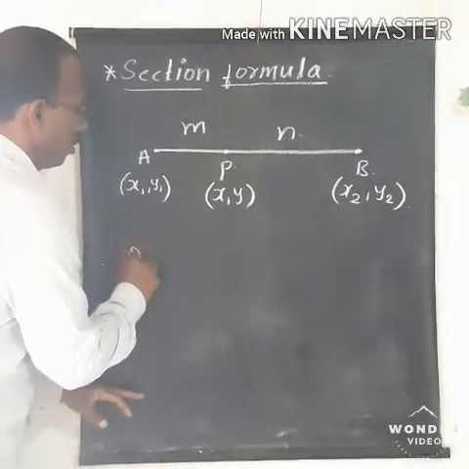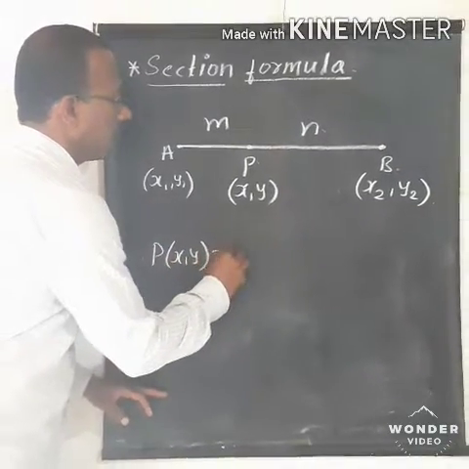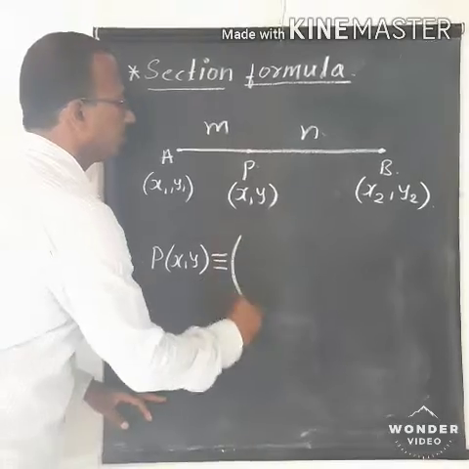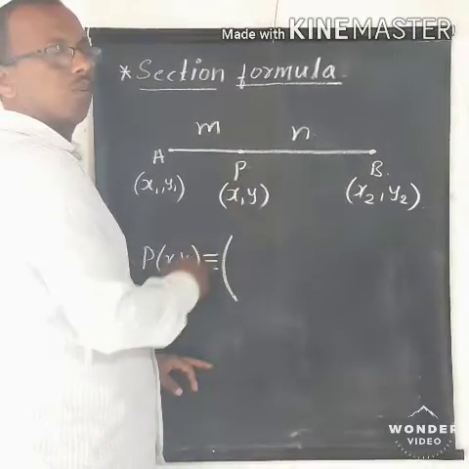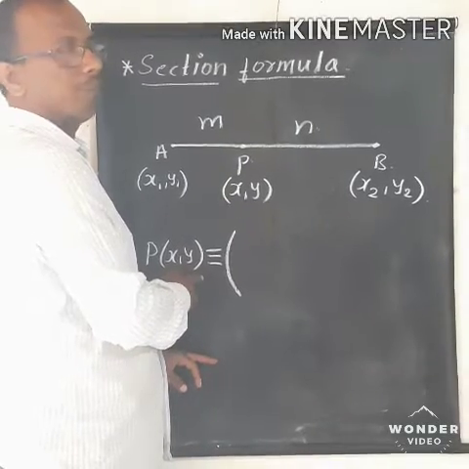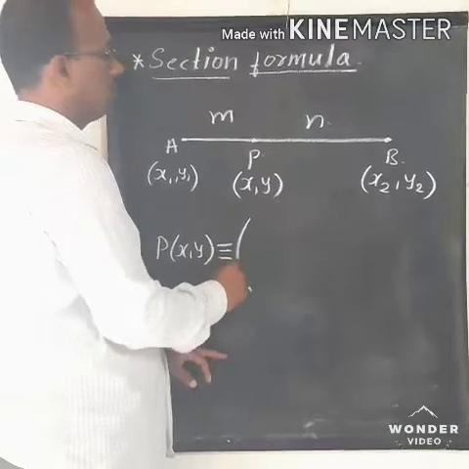That is, P(x, y) is equivalent to... we are going to find the coordinates of point P by using the section formula. Now how to write that section formula, that we are going to see.